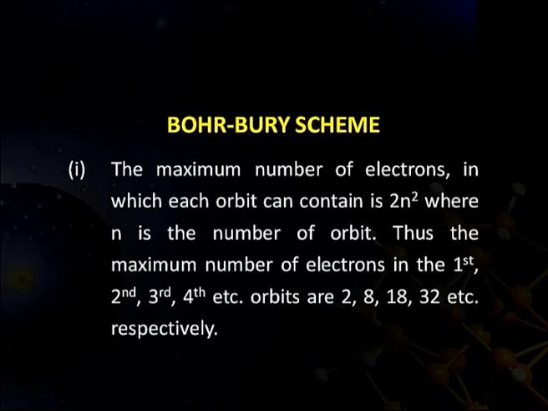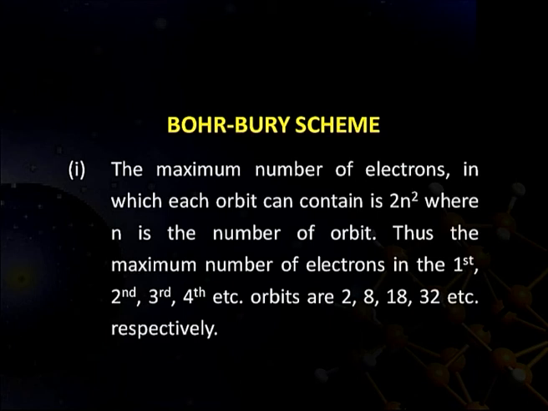In 1921, Bohr and Bury simultaneously put forward two identical schemes for the arrangement of electrons in an atom, which is as follows. Number 1, the maximum number of electrons that each orbit can contain is 2n square, where n is the number of the orbit.